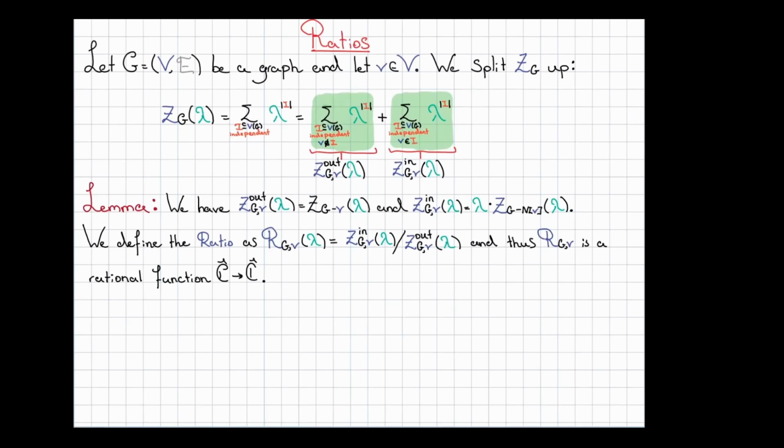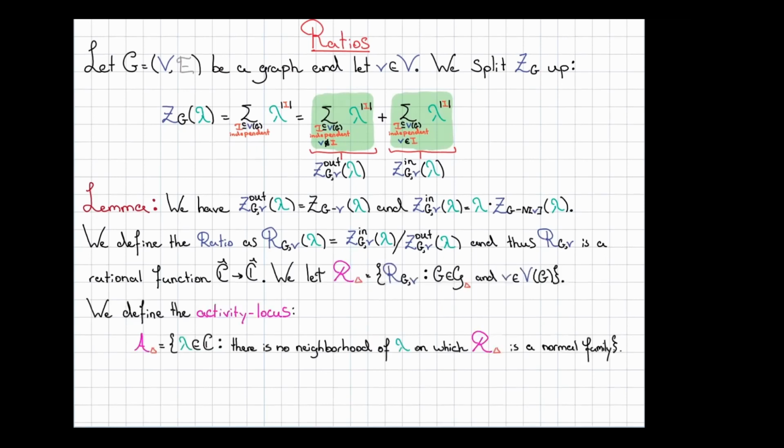But in general, we consider this as a rational function from the Riemann sphere to the Riemann sphere. And a big part in our proof of this computational complexity is that we look at those values of lambda where this family of rational functions does not form a normal family.